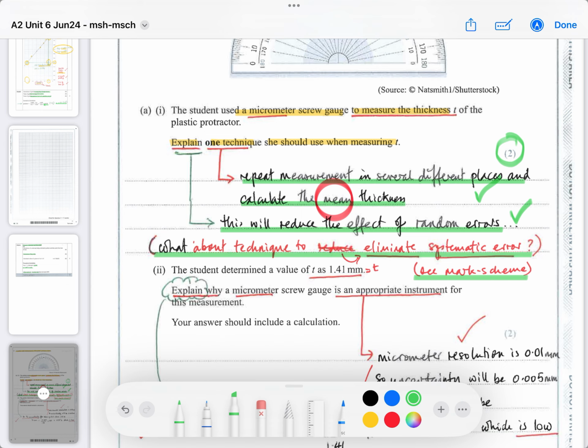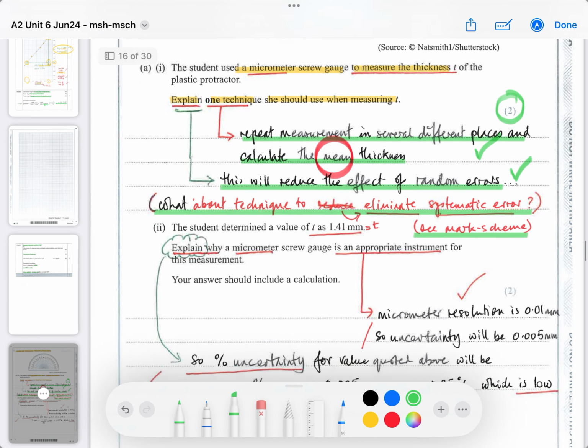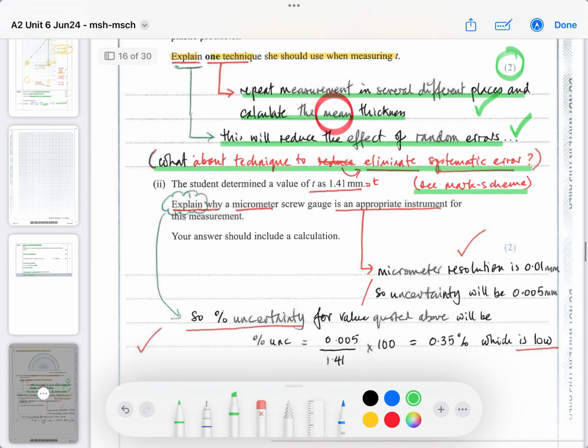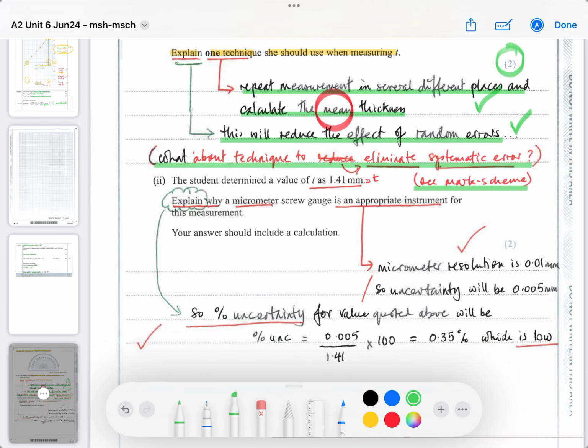So repeat the measurements, take the mean average. This will reduce the effect of random errors. Check the 0 errors. This will eliminate systematic errors. Okay. So remember, systematic errors gives you a wrong value, and random errors gives you an uncertain value.